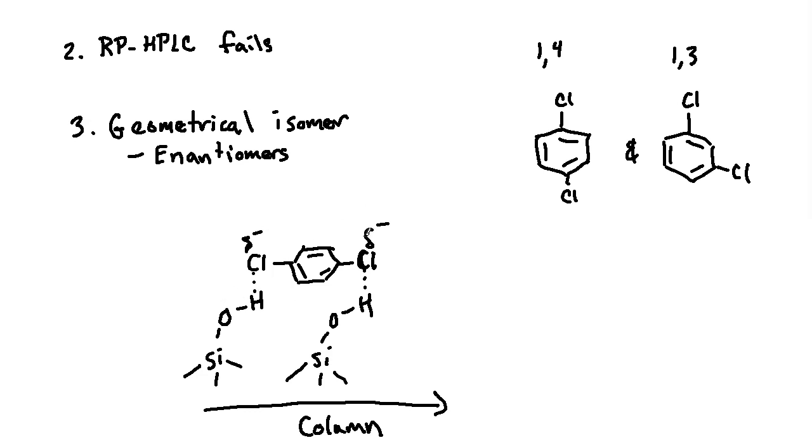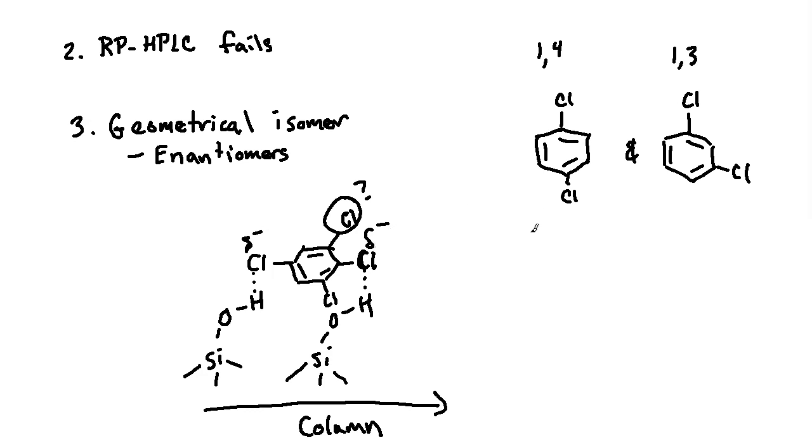However, all I have to do is change the chlorine to this position, and now all of a sudden I don't have that interaction anymore. Even if I change it here, the alignment isn't going to be set up effectively.